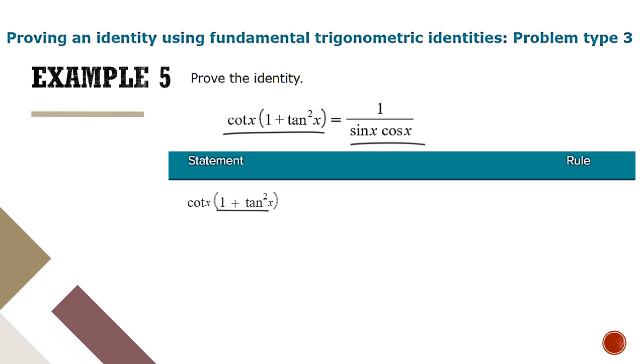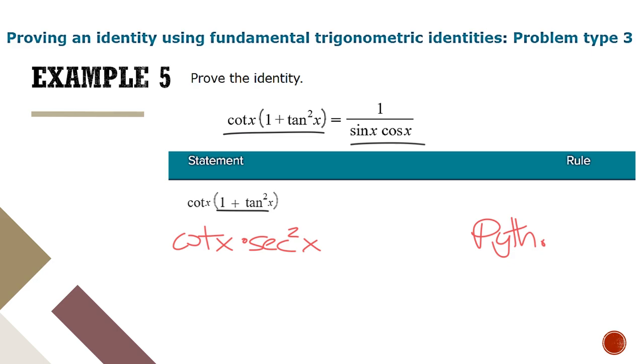One thing I notice is 1 plus tangent squared is a Pythagorean identity. So we can just rewrite this as cotangent of x times, well, 1 plus tangent squared of x is in fact equal to your secant squared of x, which is that rule or Pythagorean identity.